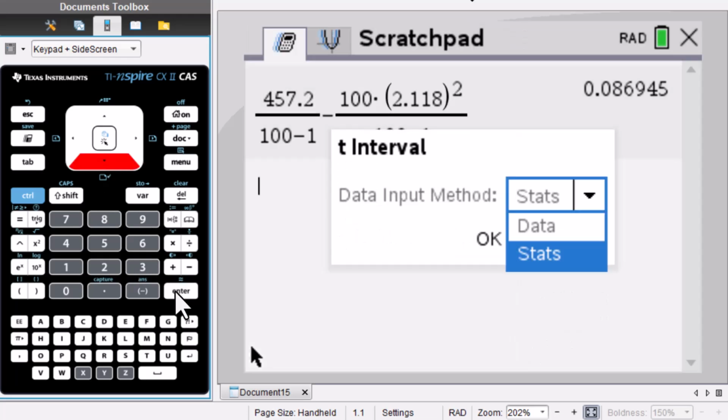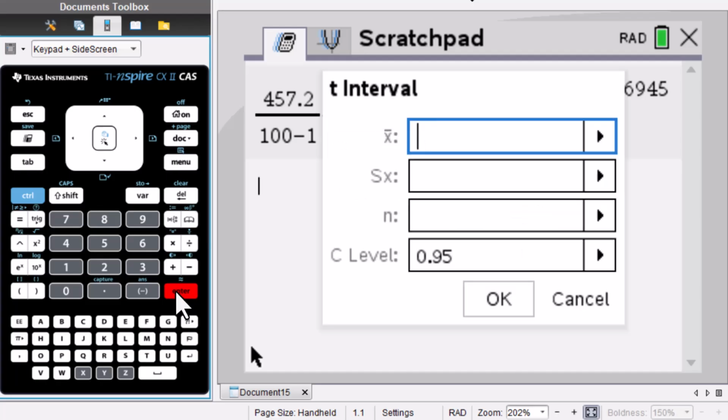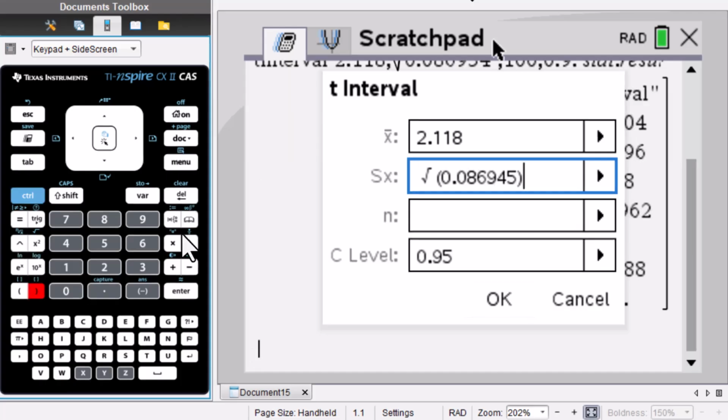We are given the stats. Enter. X bar 2.118. Remember, for s sub n minus 1, you have to do the square root of 0.086945. n is 100. C level 0.90.